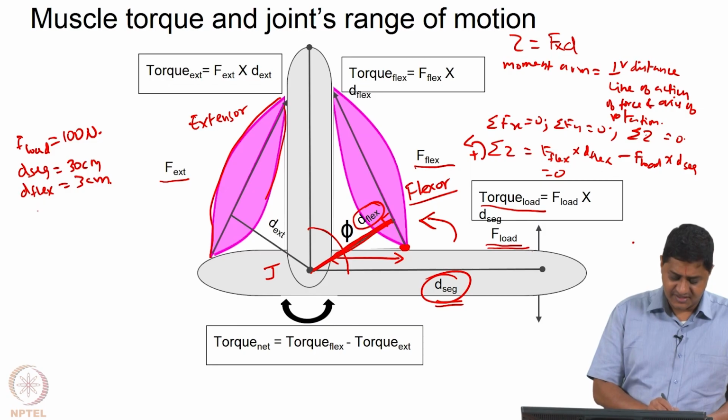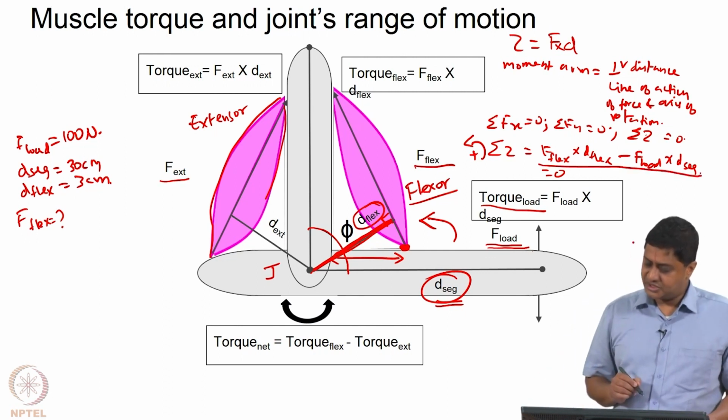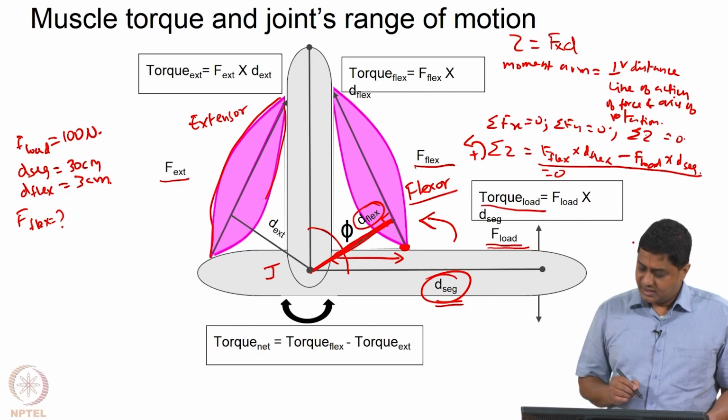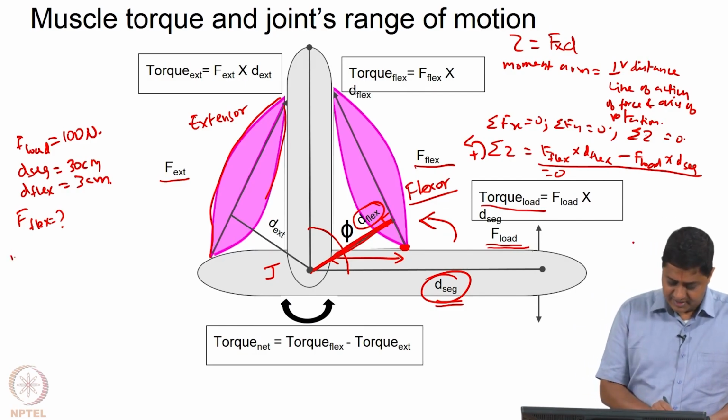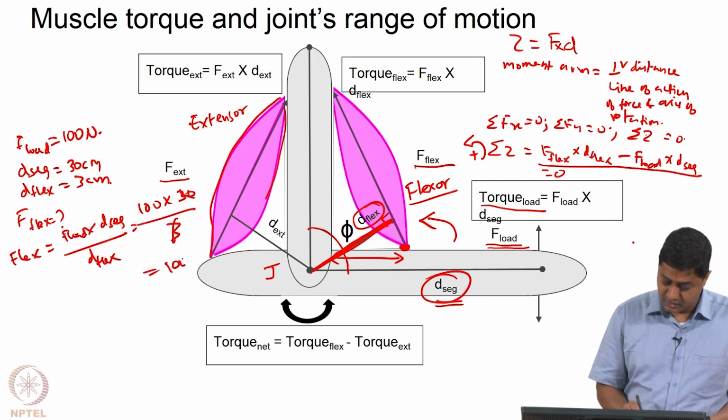The question is, what is the muscle force that is produced? Using that equation, I could compute F flex as F load times d seg divided by d flex, and that is basically 100 times 30 divided by 3, which will essentially give me 1000 newtons.